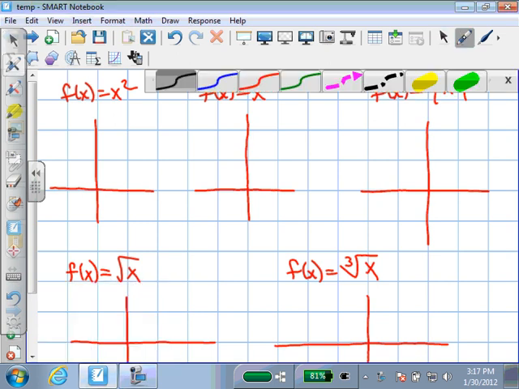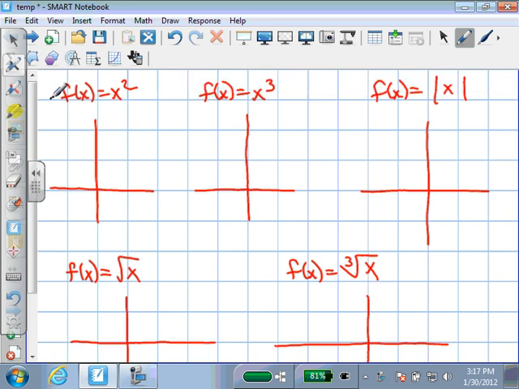Okay, so the first thing I'd like you to do is to take each of these basic functions and sketch what they look like. So x squared, anchored at the origin, coming up through 1, 1, and negative 1, 1, like that.